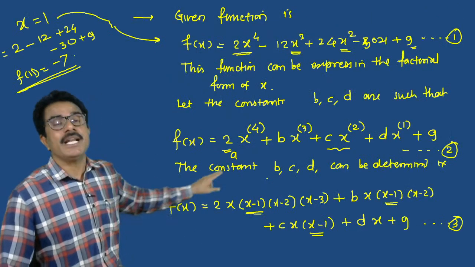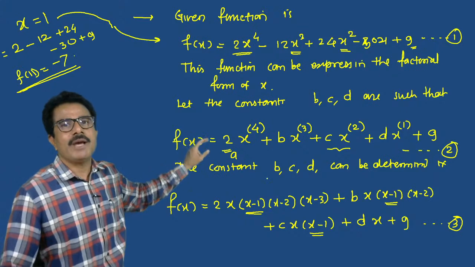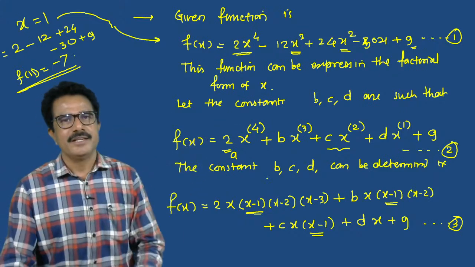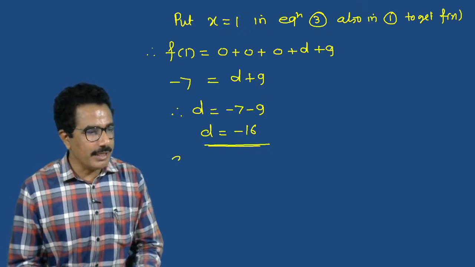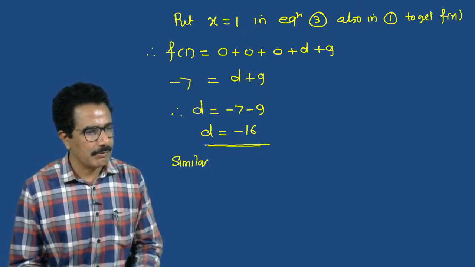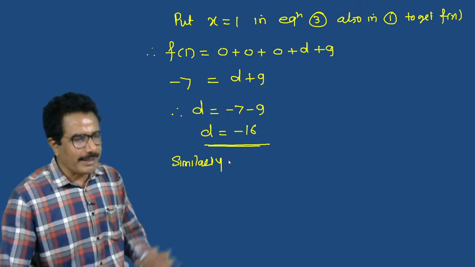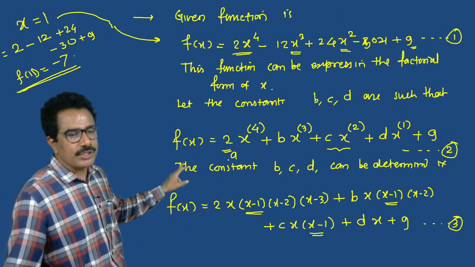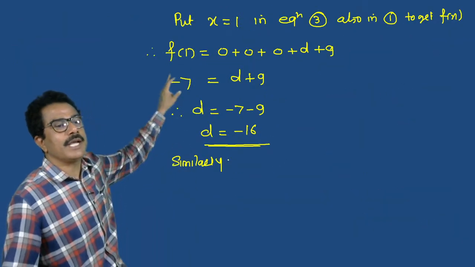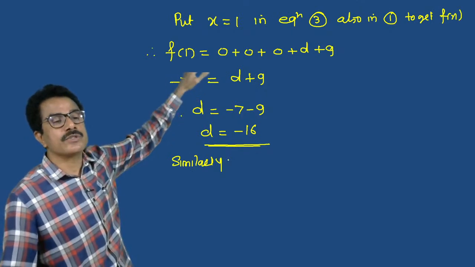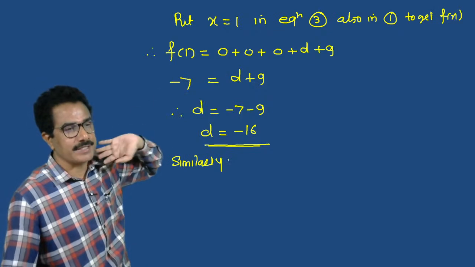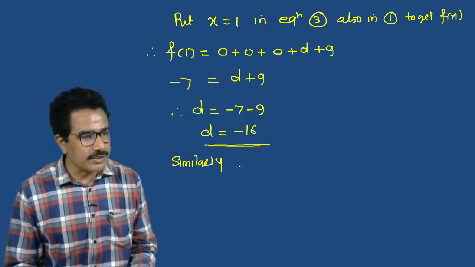Okay, now similarly we have to find the value of b and c. ज्याप्रमाणे मी x is equals to 1 put केलं होतं, put x is equals to 1 in 3 and also in 1 to get f of 1.